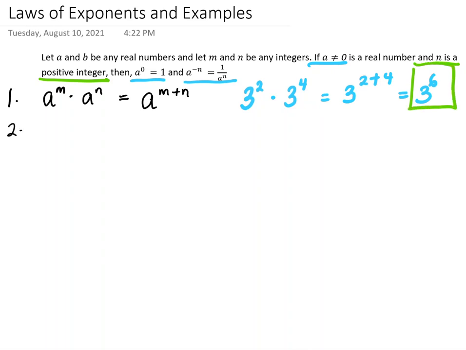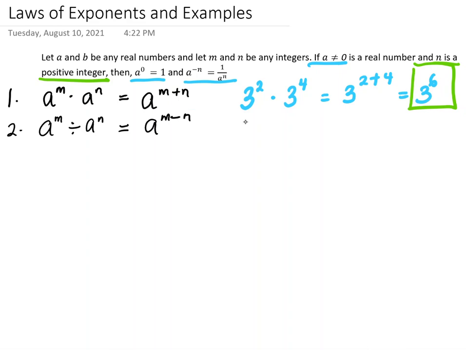The second rule: if this is multiplication, then we can have that of division. A raised to the power of M divided by A raised to the power of N is A raised to the power of M minus N. So where we add the exponents for multiplication, for division we subtract the exponents.